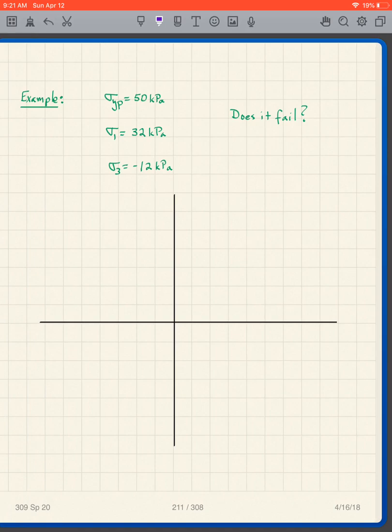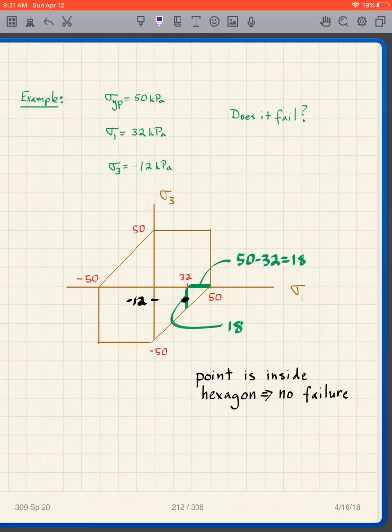Okay, I'm going to assume that you have worked the problem, and the answer looks like this. We create our hexagon. We got the 50, 50, 50, 50. We draw the hexagon. Square in quadrant 1, square in quadrant 3. Connect these. There's my hexagon.